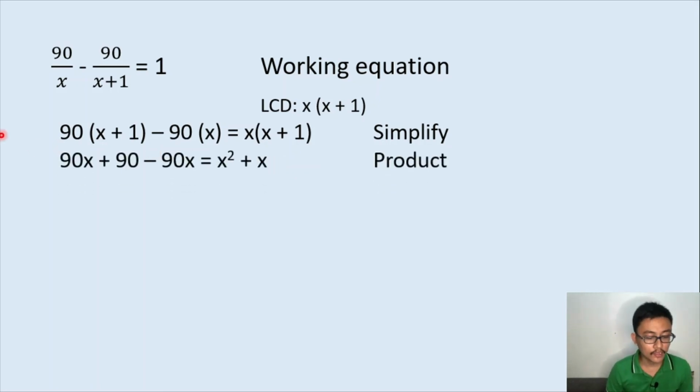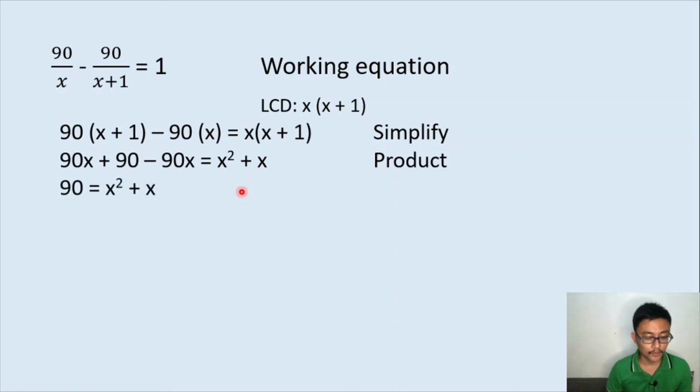Then, just distribute 90 times x, that's 90x. 90 times 1 is 90 minus 90x equals x times x, that's x squared, plus x times 1, that is x.